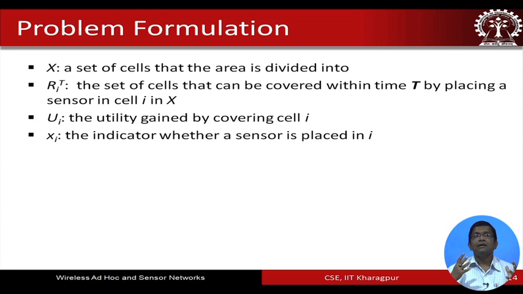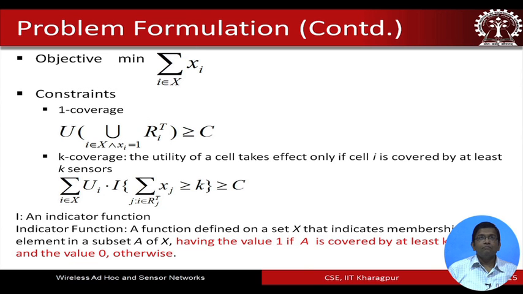Ri is the set of cells that can be covered in a particular duration of time by placing the sensor in the cell, and ui is the utility that is gained by covering the particular cell. The objective function is to minimize the summation of all these xi's, and there are two constraints.